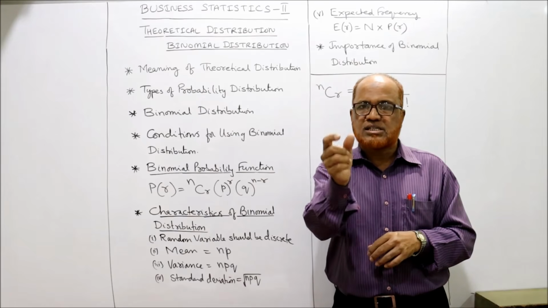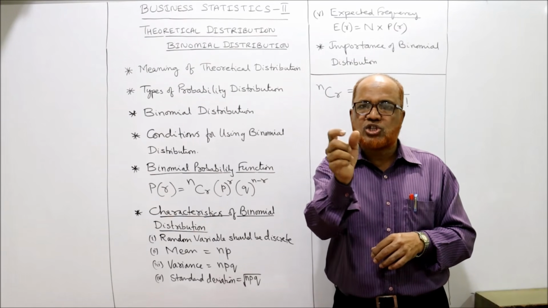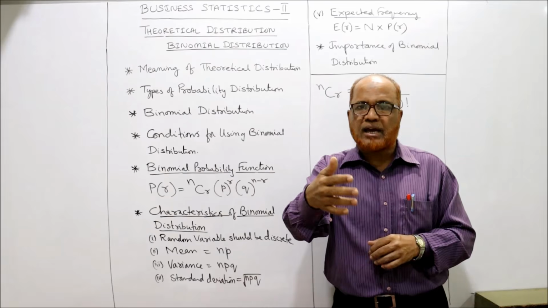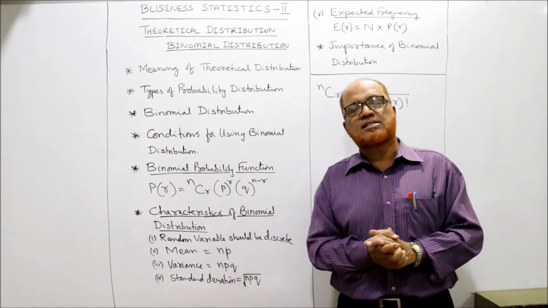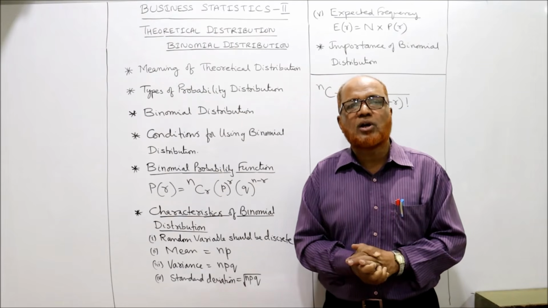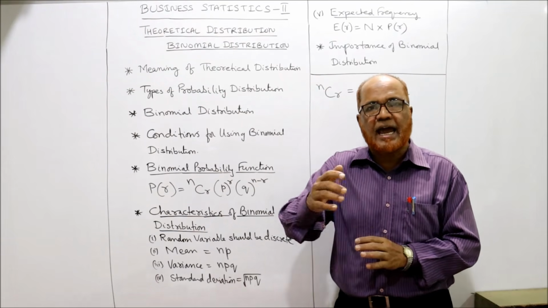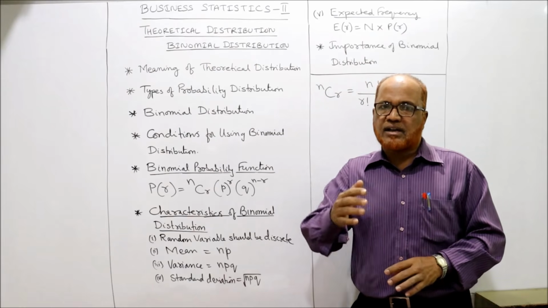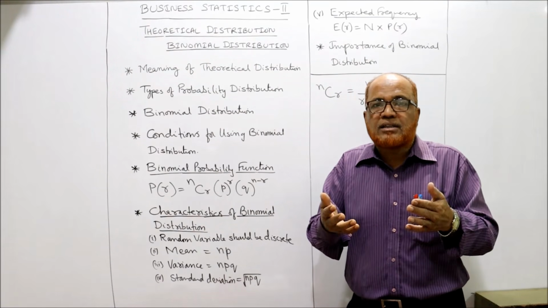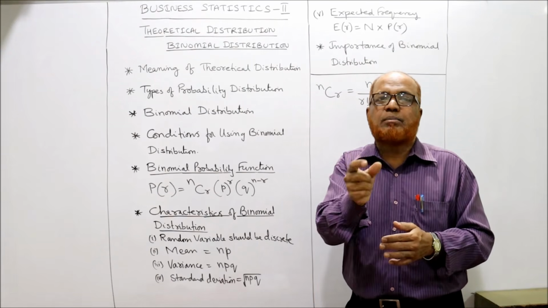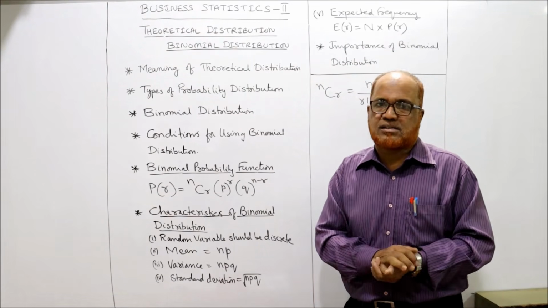The success is denoted as P, failure is denoted as Q, and number of times is denoted as N. Suppose if these conditions are satisfied, then we can find out what is the probability of R successes in N trials. If the trials are repeated N number of times, what is the probability that R successes we will be able to get in N trials?